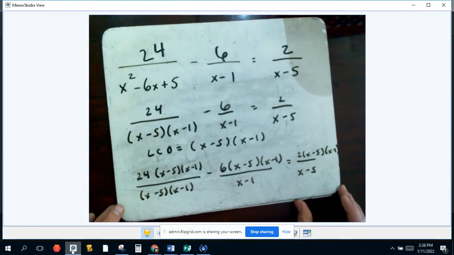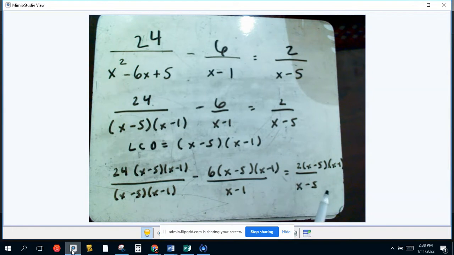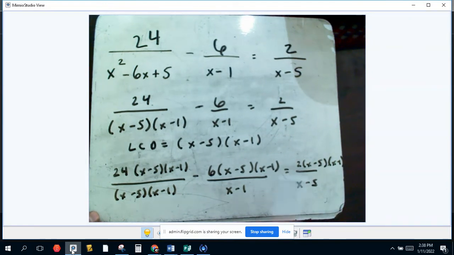And by multiplying all three of these by the LCD, you're guaranteed to eliminate every denominator.